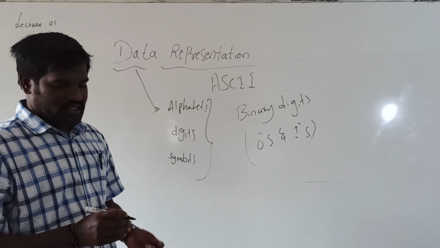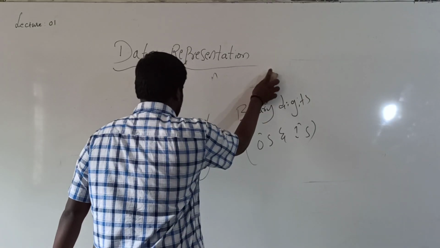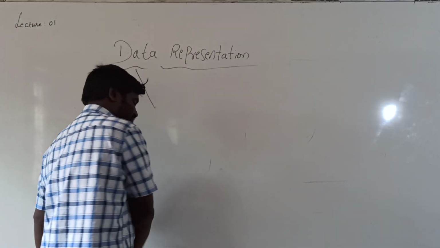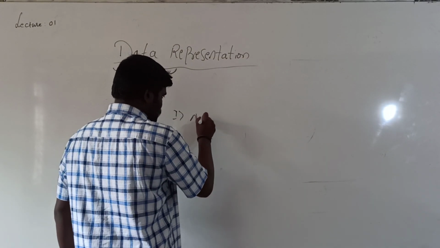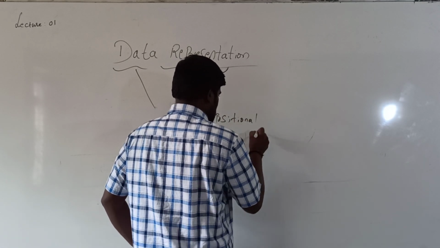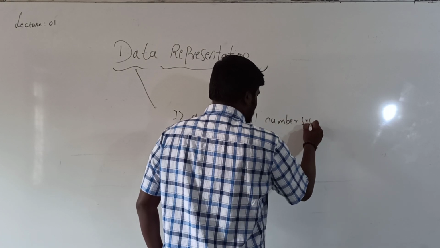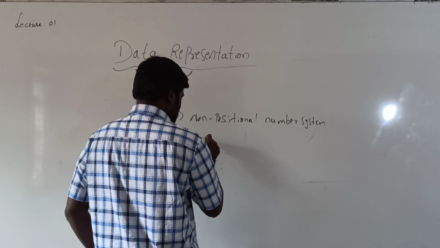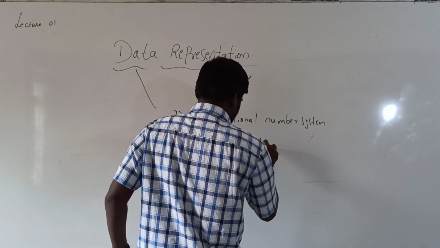The data representation is classified into two types. The first one is the non-positional number system and another one is the positional number system.